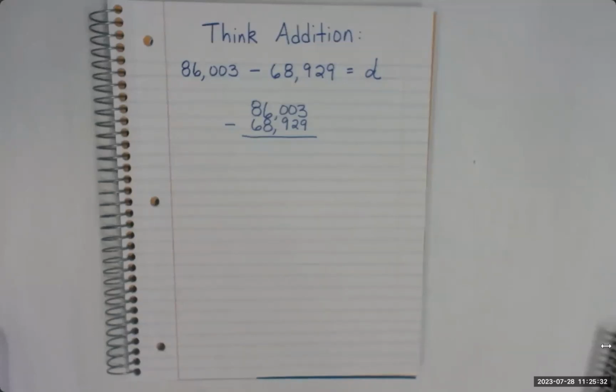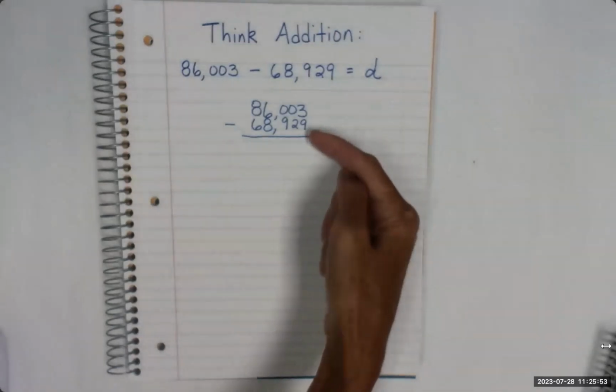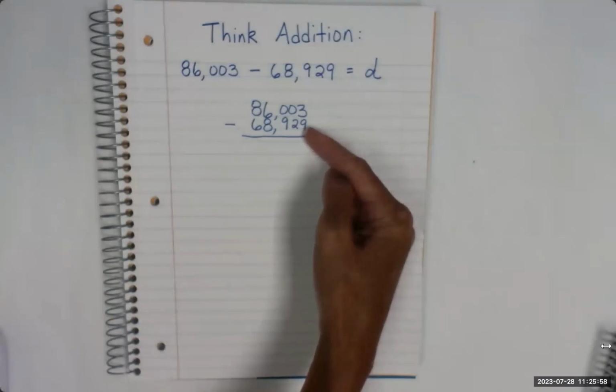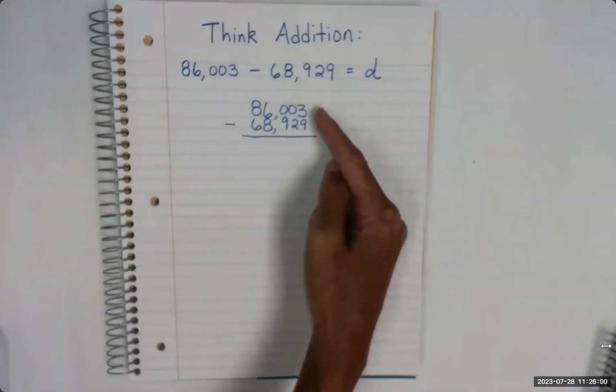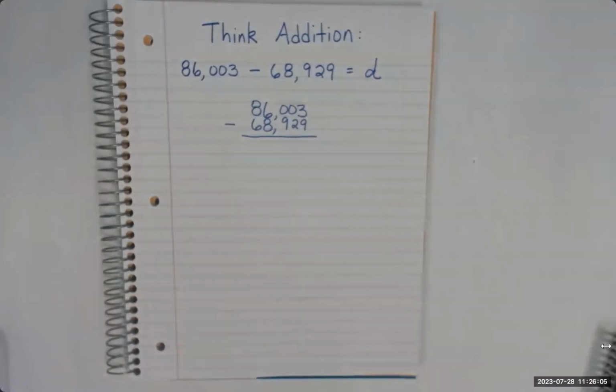Let's look at a subtraction problem that students might encounter in a scenario. All right, we have the problem 86,003 subtract 68,929. With think addition, students are starting with the subtrahend, the number that's less, 68,929, and they're counting on to the minuend up here, the greater number, 86,003.